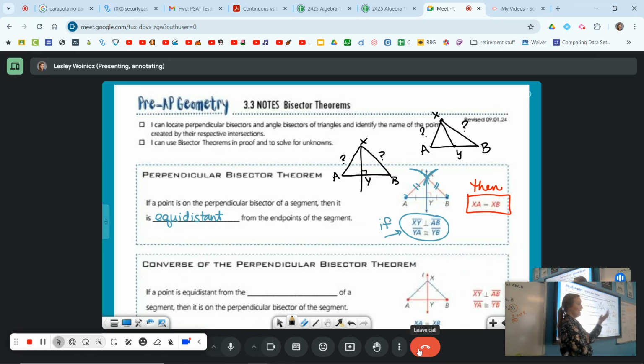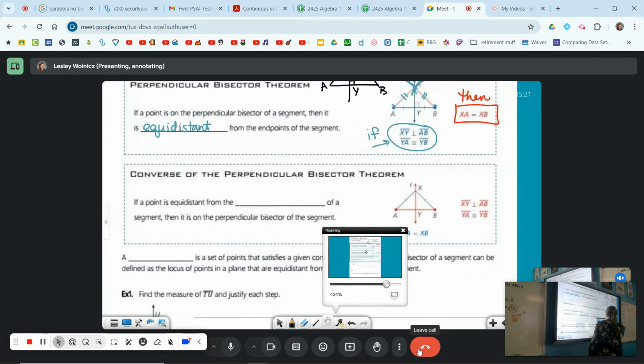No. Why not? Sorry, I meant to say this. I know that those two are congruent. Why aren't those other ones congruent? Because line YX isn't perpendicular. I mean, it's bisecting, but is it making a 90-degree angle? Is it perpendicular? So I have to have both conditions to be able to say that this is true. Everybody okay with that? All right, perfect.